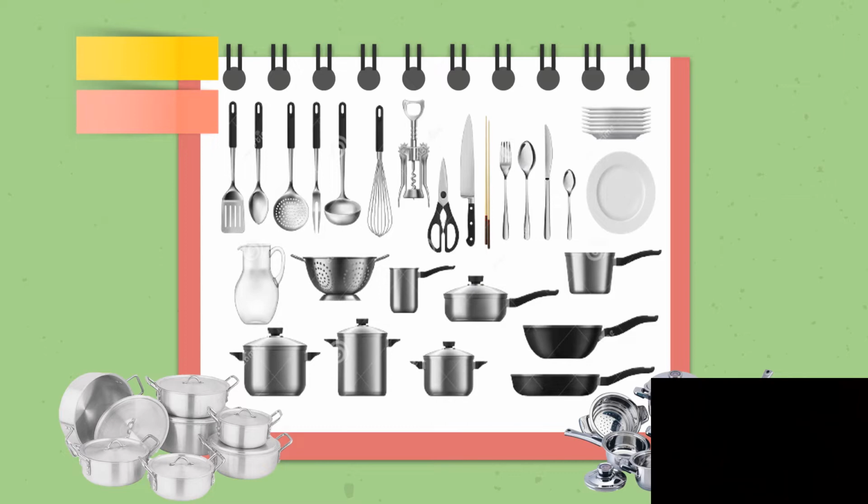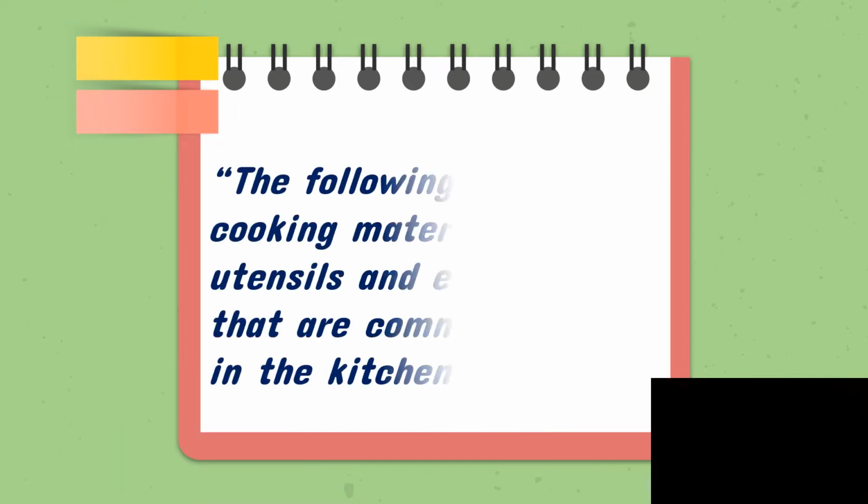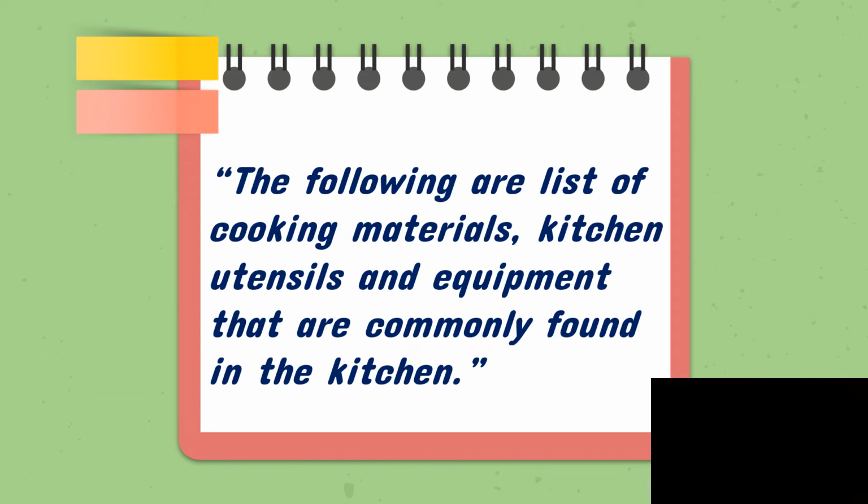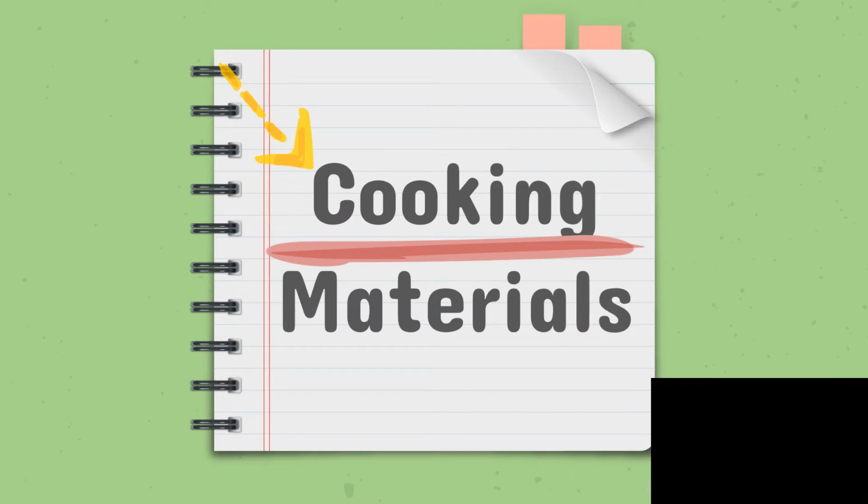Okay, so the pictures are the kitchen tools that we can see in our kitchen or in our house. So the following are lists of cooking materials, kitchen utensils, and equipment that are commonly found in the kitchen. Okay, so we have the cooking materials.